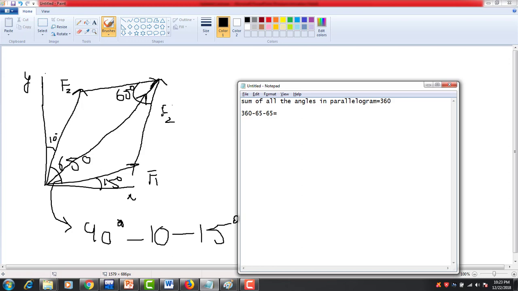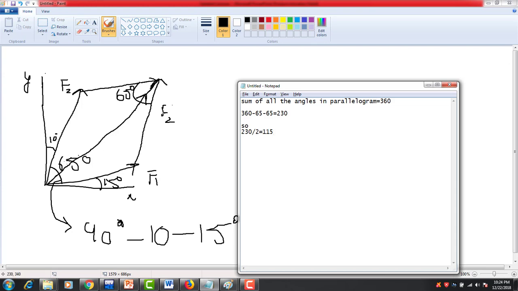So 360 minus 65 is equal to 230 degree. So 230 divided by 2 is equal to 115 degree.